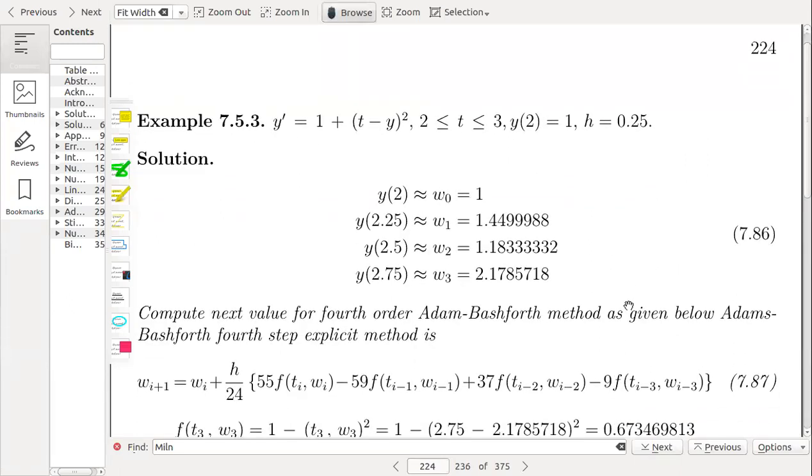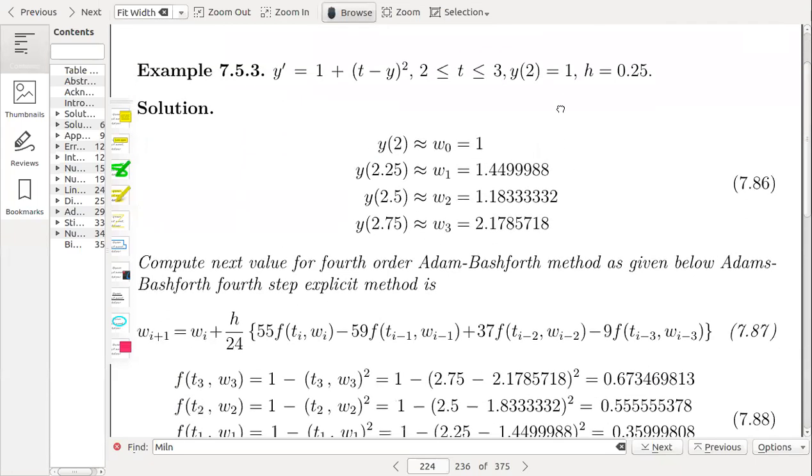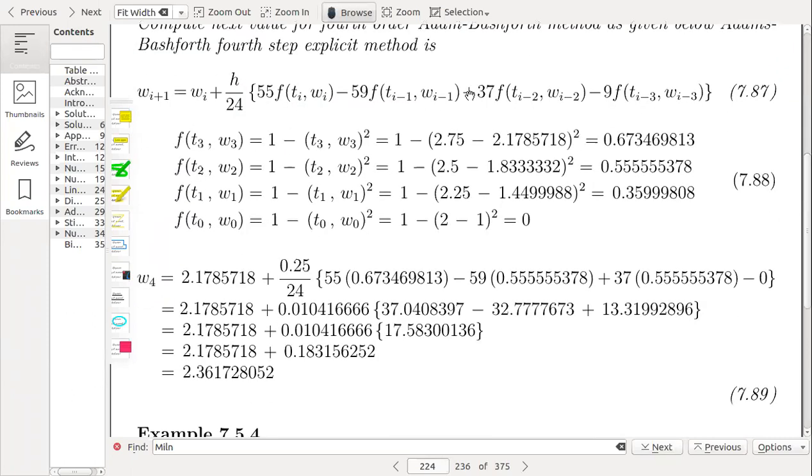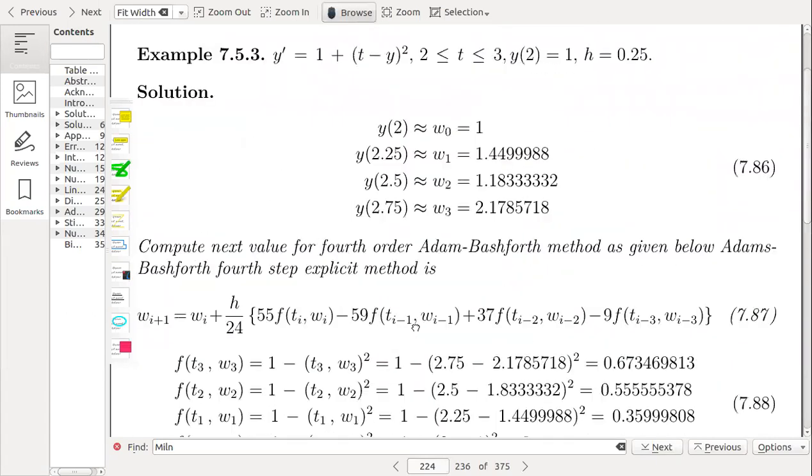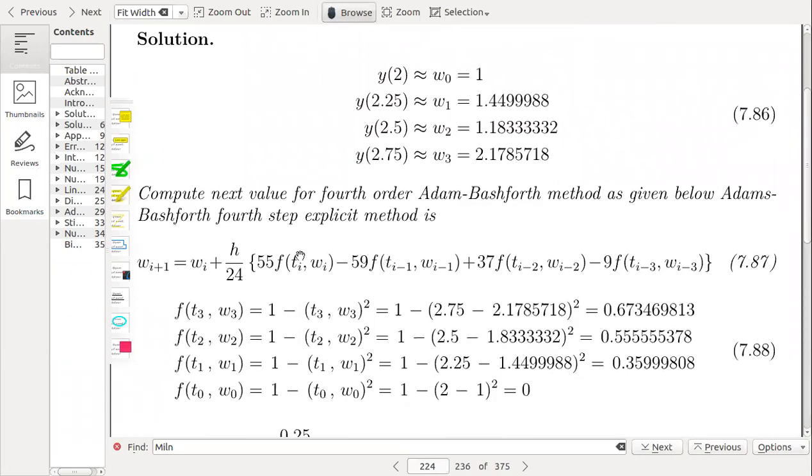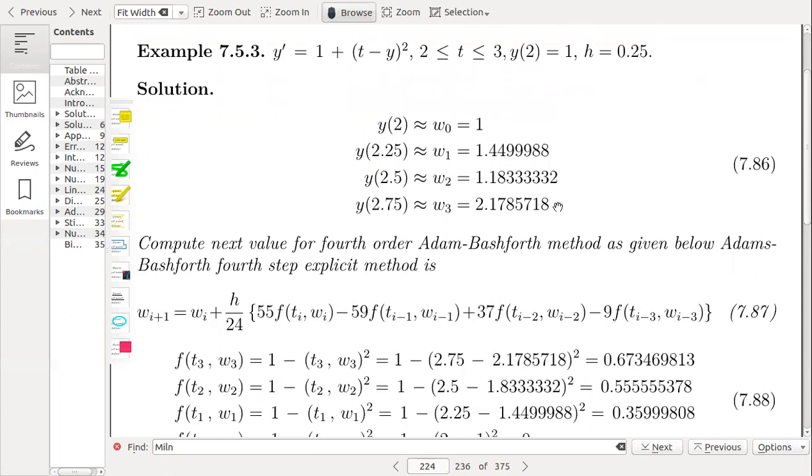So in the next example, this is the initial value problem again, and we just want to calculate only the predicted value. Compute the next value for the fourth order Adams-Bashforth method as given below. The Adams-Bashforth four-step explicit method is, so we just need to apply this, and these four values are obtained from RK4, or sometimes if they are given, we don't need to calculate using the Runge-Kutta method or Euler's method.